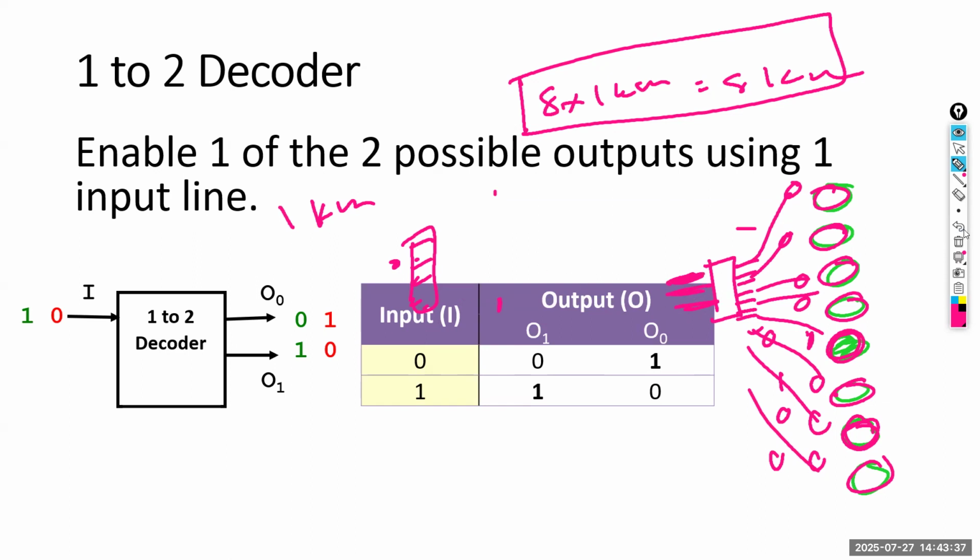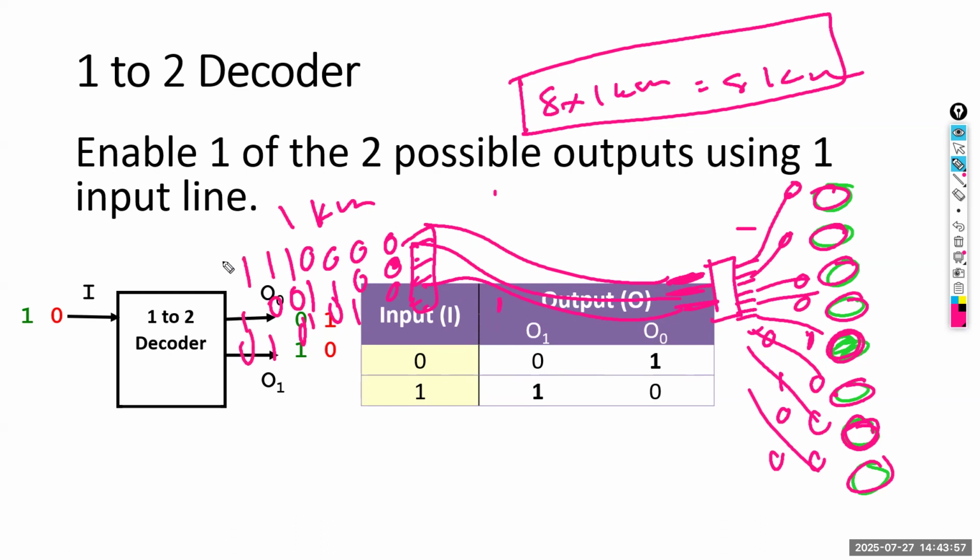Then I need only 3 wires, just 3 wires, and 3 switches. By giving different combinations 0 0 0, 0 0 1, 0 1 0, 0 1 1, 1 0 0, 1 0 1, 1 1 0, 1 1 1. For example, when this is all zeros, this should be on, and all the others must be off.